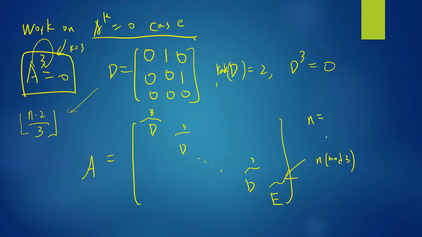E will be a similar thing. D looks like 0, with 1 here and 1 here, and all the others are 0.